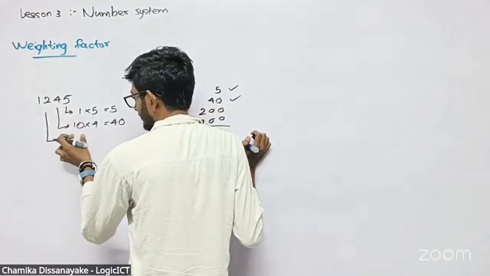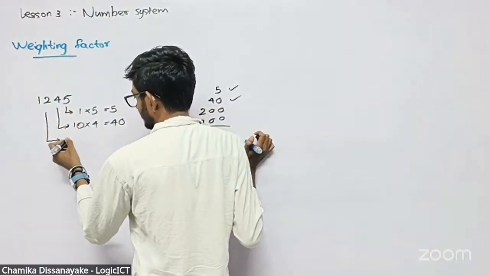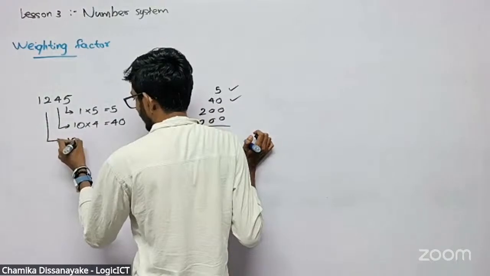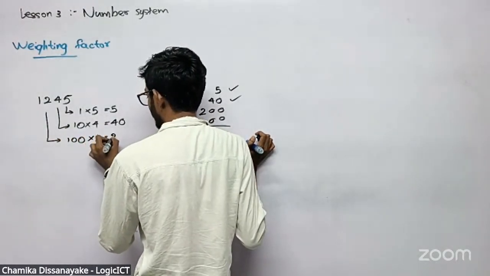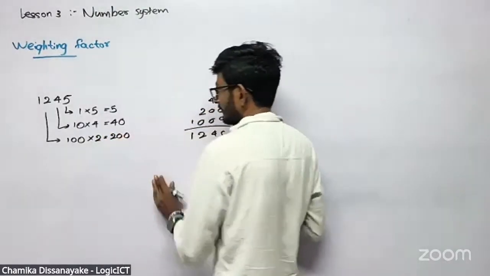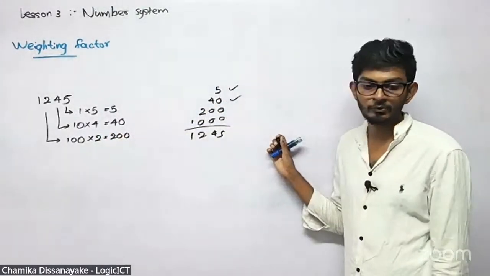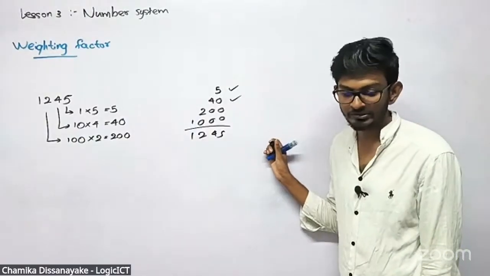We can come up with the base 10. Here we can see 100 multiplied by 2 is equal to 200. Yes, good.